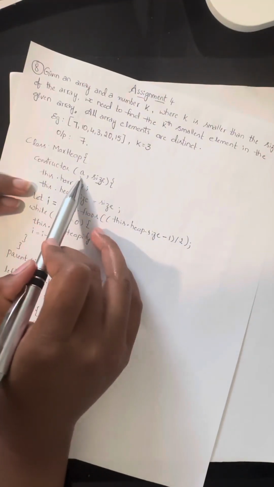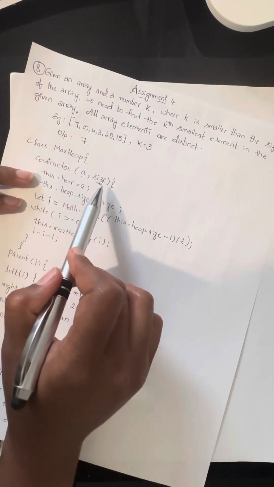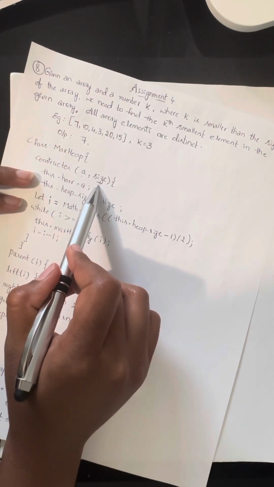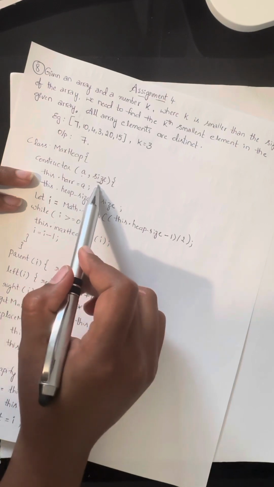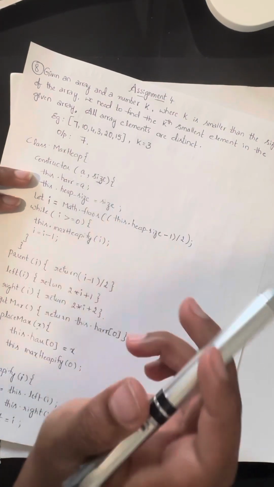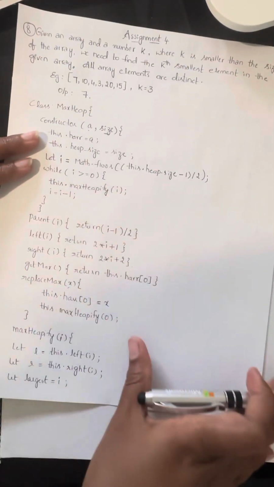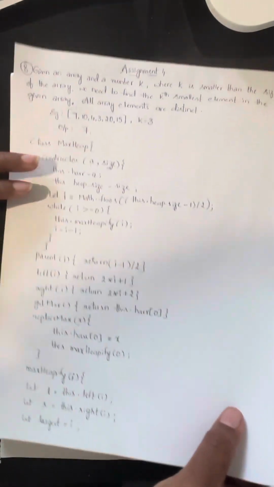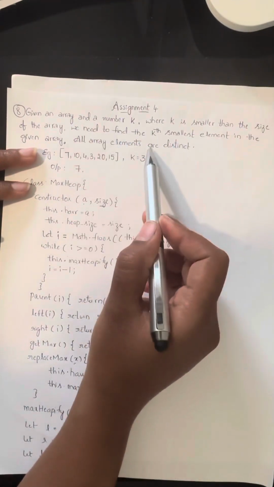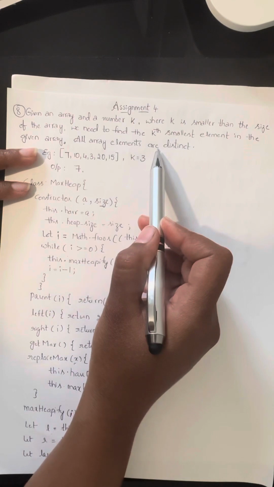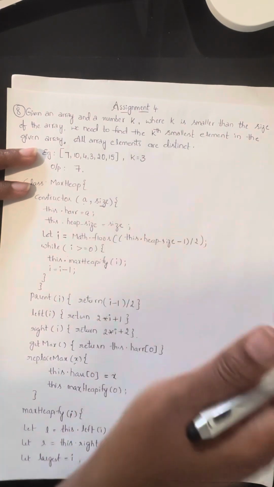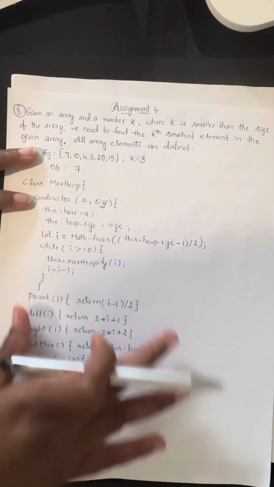If we give the array and size, the number of elements that we need in the max heap, then we can do the max heapification. Now for our problem, we will write the code to get the kth smallest element using this max heap.